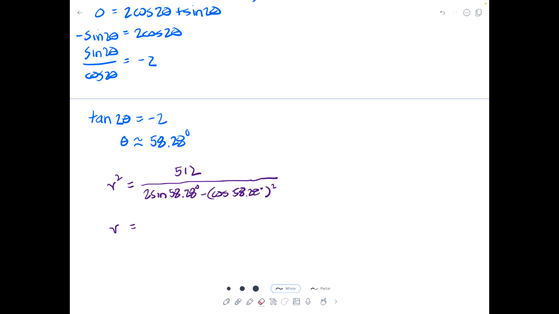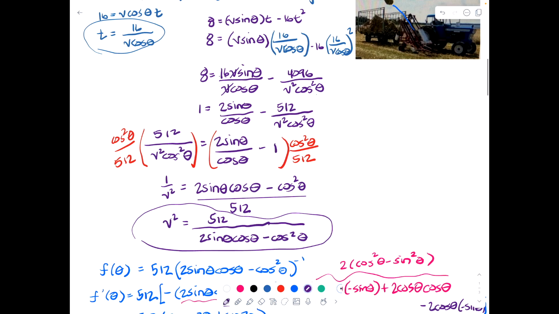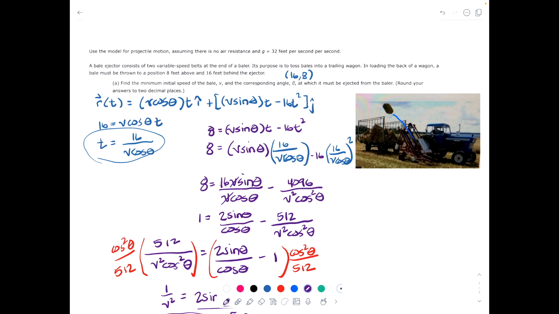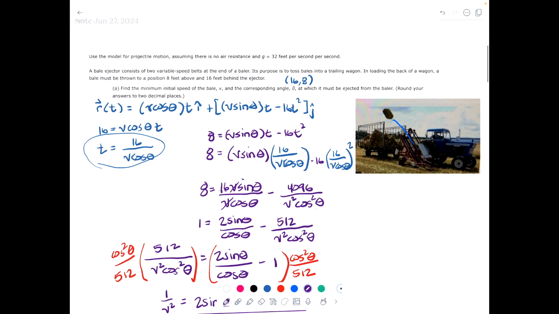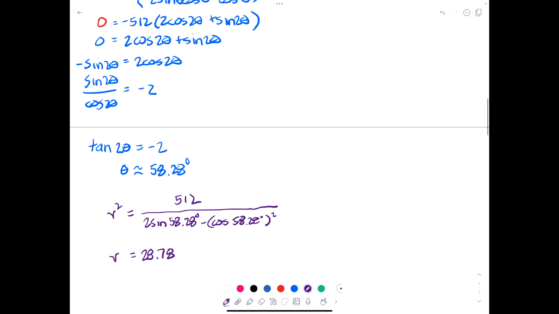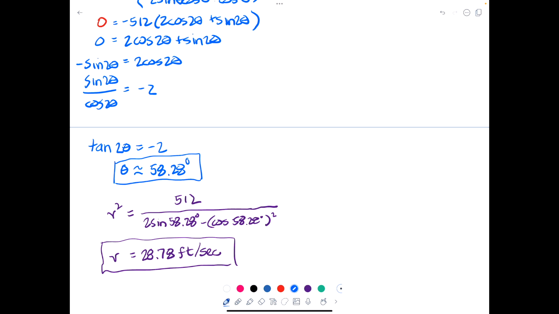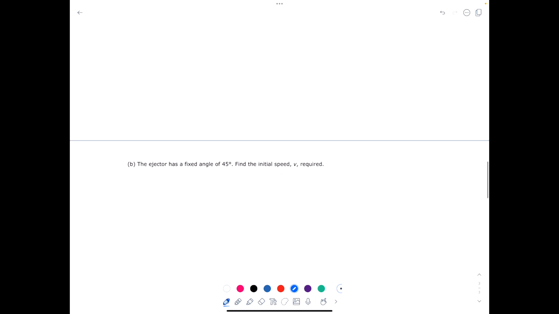Our v was 28.78, and that is going to be in feet per second, I believe. Yes. So this is one result. This is another result. And then I think there's also a part B of the problem.